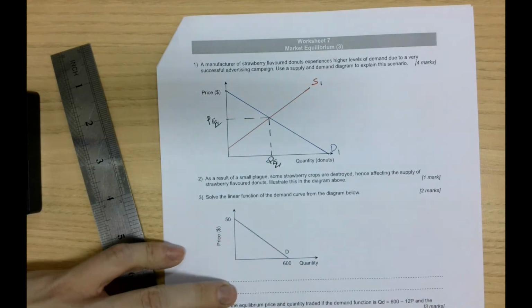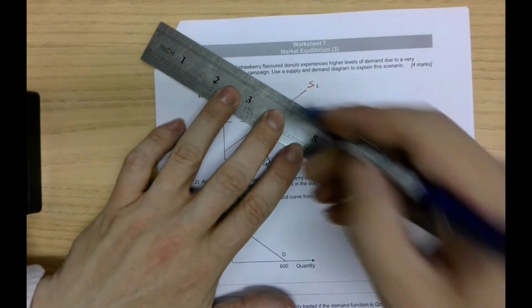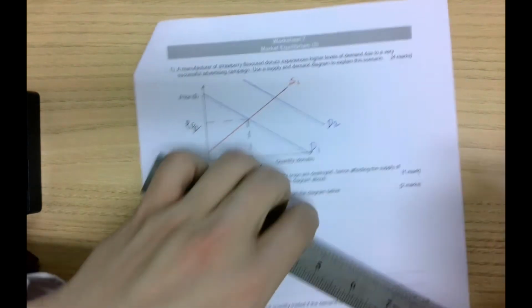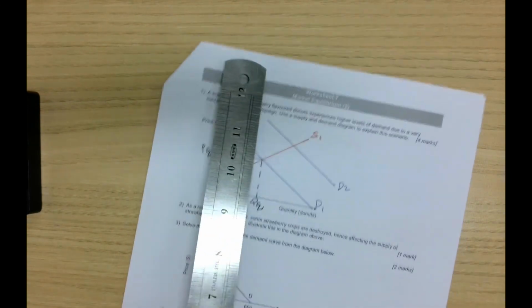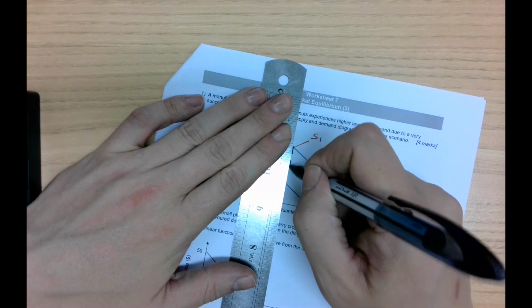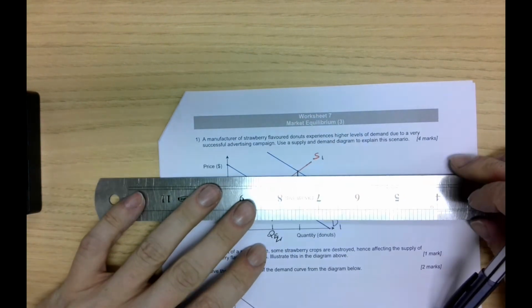Okay, so after a successful advertising campaign, there's no reason for the slope per se to change. So this is D2. And what we're saying is there's a new equilibrium price and a new equilibrium quantity.